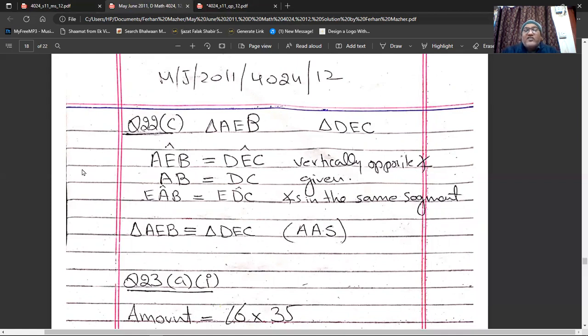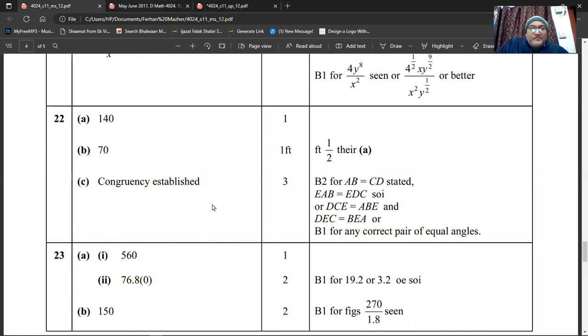So that means that the triangle AEB is congruent to triangle DEC. The reason is angle side, because there are 2 angles the same and one side the same. So we have proven this, so our answer is right.